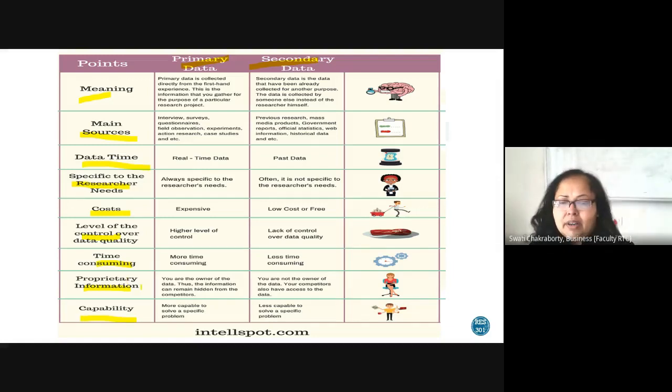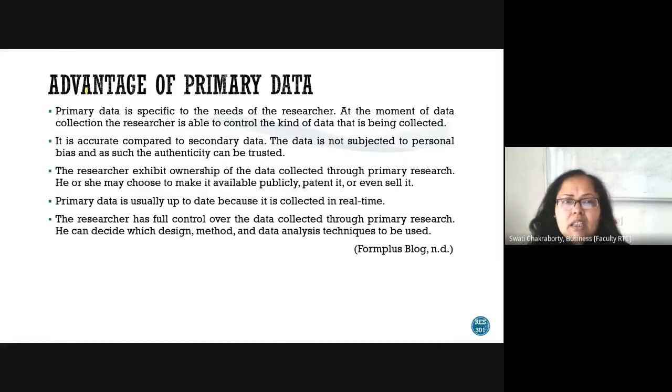Capability: primary data is more capable of solving a specific problem because we are collecting it for our purpose, whereas secondary data is less capable because it was collected for someone else's purpose. The advantage of primary data is that it is specific to the needs of the researcher. At the moment of data collection, the researcher has control of the kind of data that needs to be collected. It's accurate as compared to secondary data.